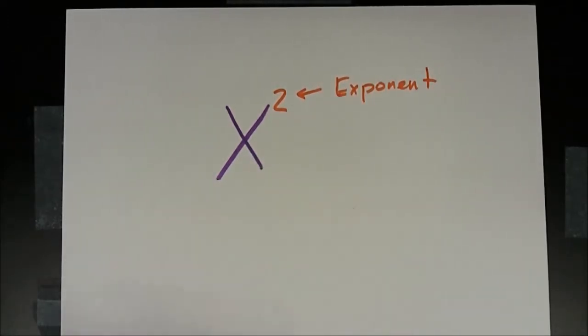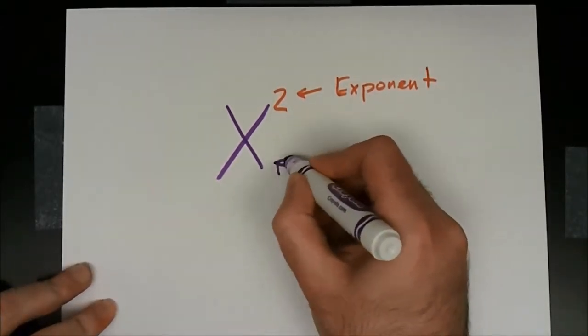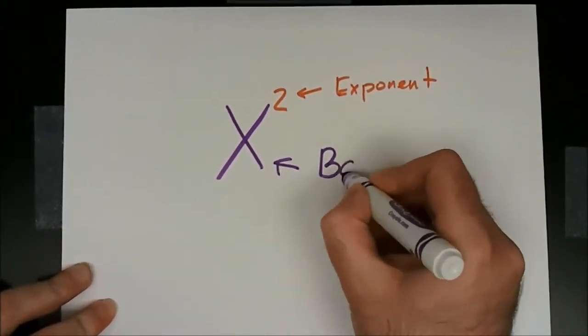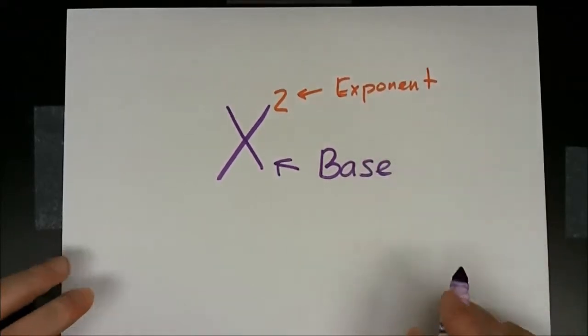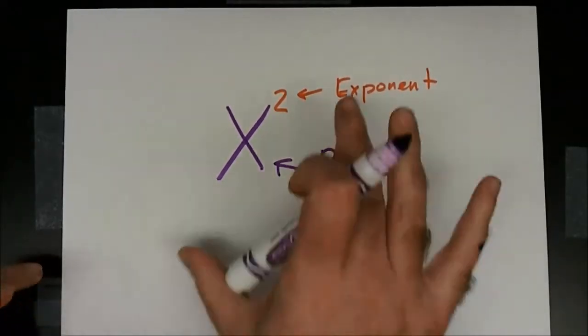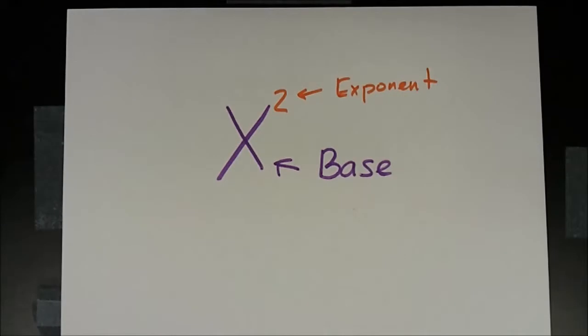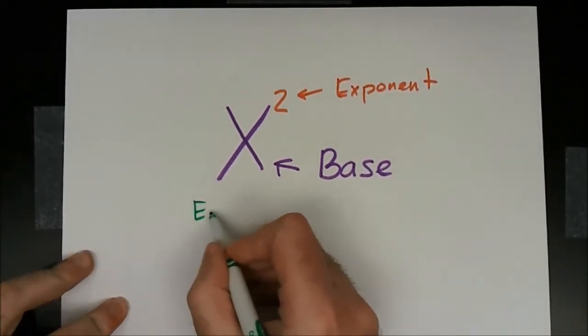So the bigger number or variable, because it could be a number or a variable, or any kind of number, so rational numbers work here too, fractions, decimals. This is called the base. So together they form what is known as the exponential form.